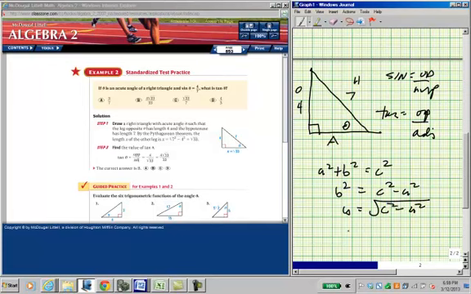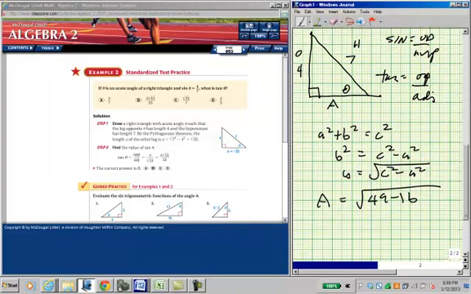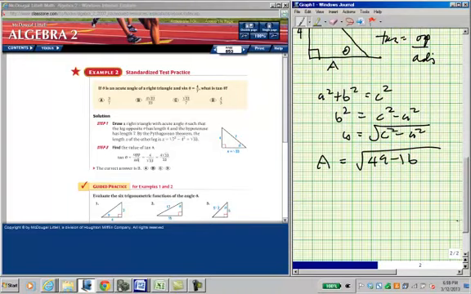So in other words, the adjacent side, we'll call it capital A, is going to equal the square root of 49 minus 16, which is the square root of 33. So adjacent equals the square root of 33.